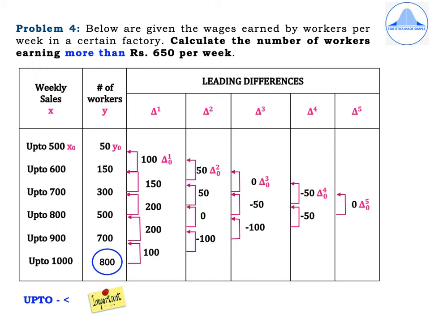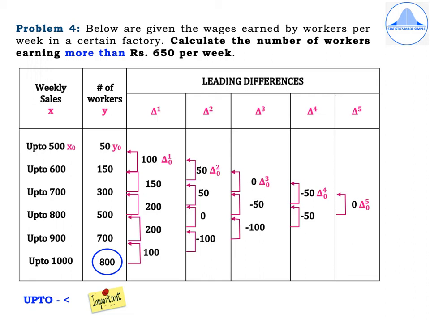Problem 4. Below are given the wages earned by workers per week in a certain factory. Calculate the number of workers earning more than rupees 650 per week. Now this particular problem is different and it is important. In the first column you have weekly sales and the values are given in terms of the word up to.